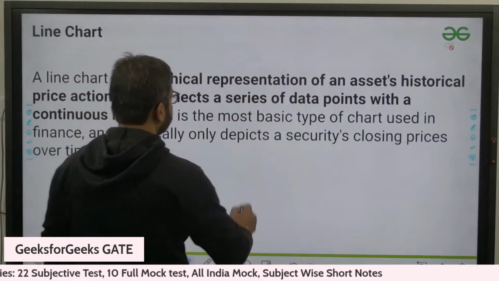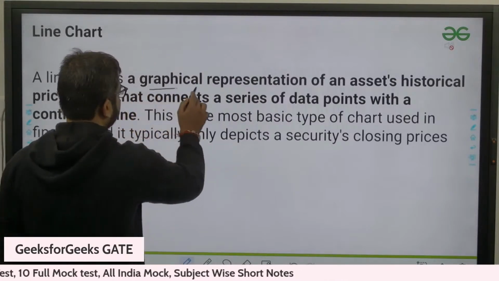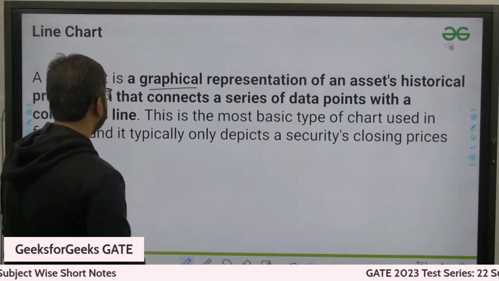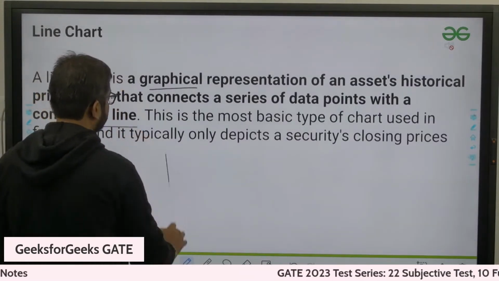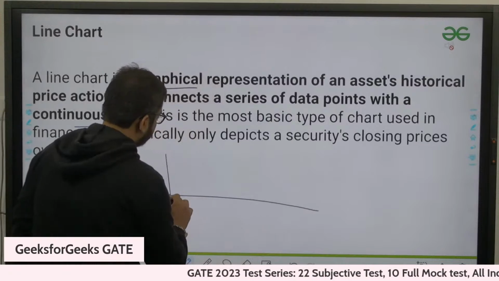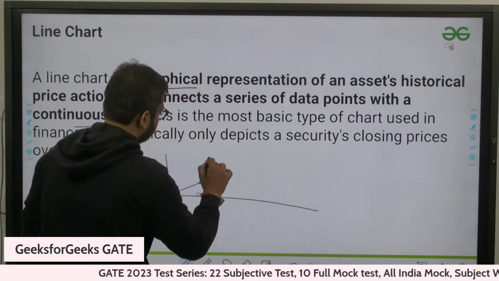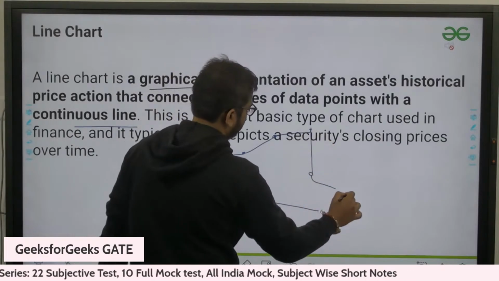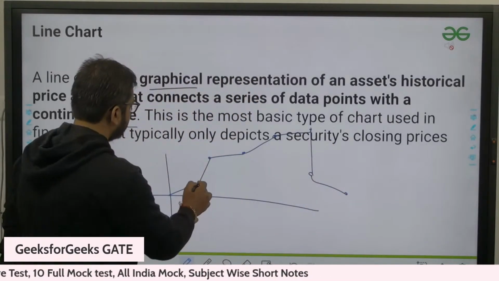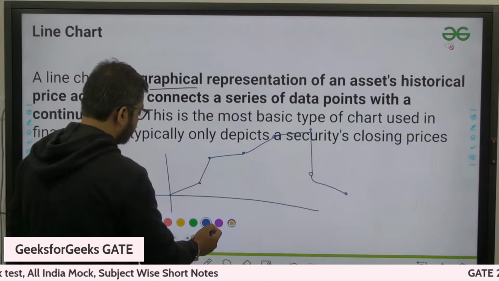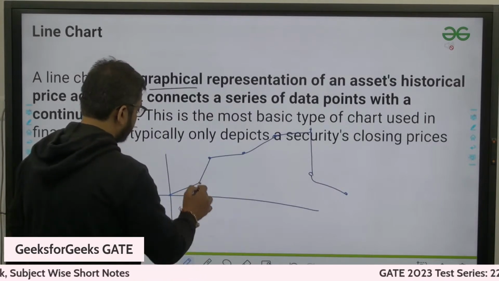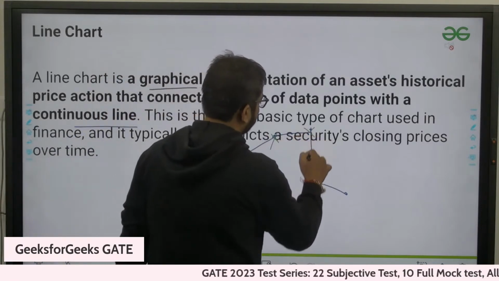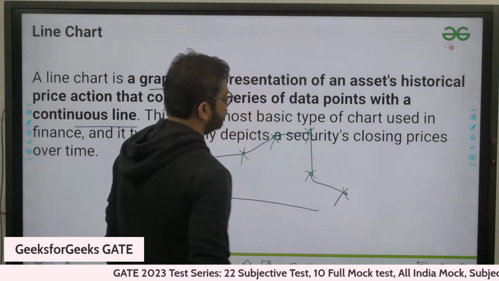And a line chart is a graphical representation of an asset's historical price action that connects a series of data points with a continuous line. It's like, suppose I'm writing this. This point is a point of intersection of the line, and this will give you an idea about what information we need to convey.